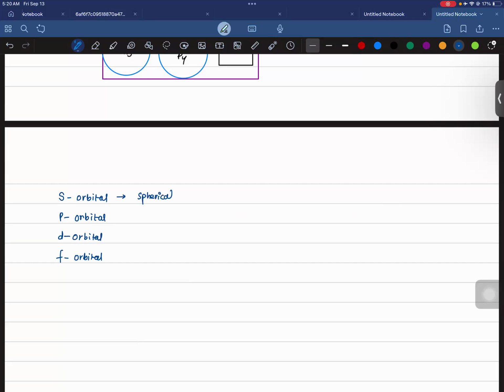It's dumbbell shape. It's double dumbbell. And this is complex. I cannot draw it on the notebook. Spherical means just like that. Dumbbell means just like that. Double dumbbell means just like that. And this is complex.